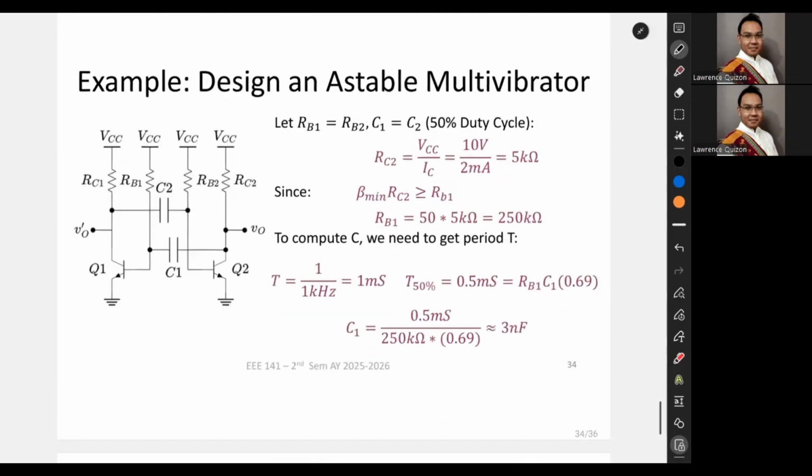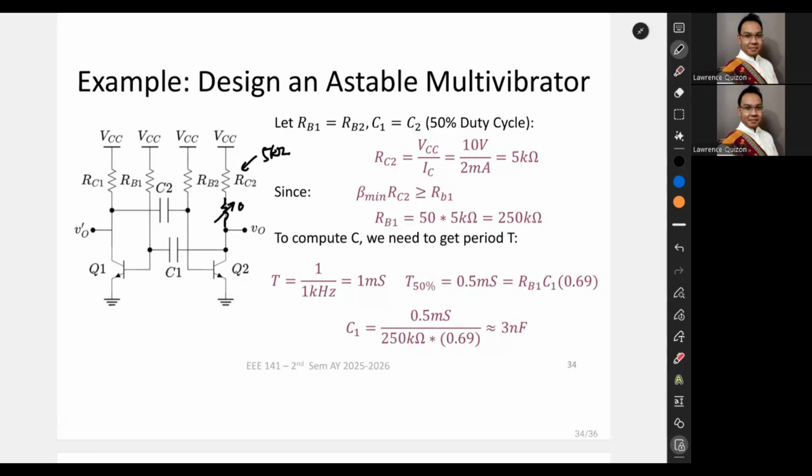Next, if we let RB1 be equal to RB2, that is, both sides are symmetric, then for the 50% duty cycle, we find that RC2 can be designed to be 5 kilo ohms. If the lamp was here and it has a very low resistance, then this has to be at least 5 kilo ohms. Since beta min times RC2 has to be greater than or equal to RB1, we find that RB1 has to be 250 kilo ohms.